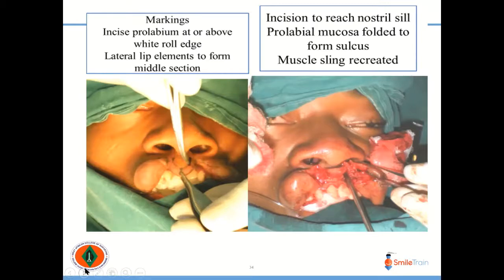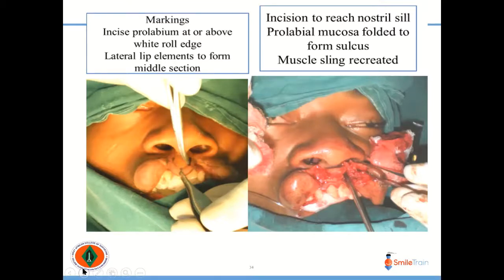Now, on the right, you can see the incision. The incision goes all the way to the nostril sill. You need to be able to do that so that you can get the muscles properly aligned. And then the prolabial mucosa, you form it, you fold it over.